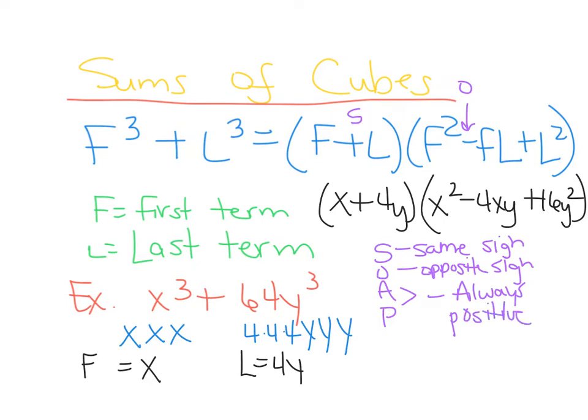So where does that come into effect? No matter what we have, whether we have a sum of cubes or a difference of cubes, that last sign is always positive. So that's where the AP comes in. So there's SOAP, okay? All right, so let's do a couple more of these because I'm sure that didn't make a whole lot of sense yet.